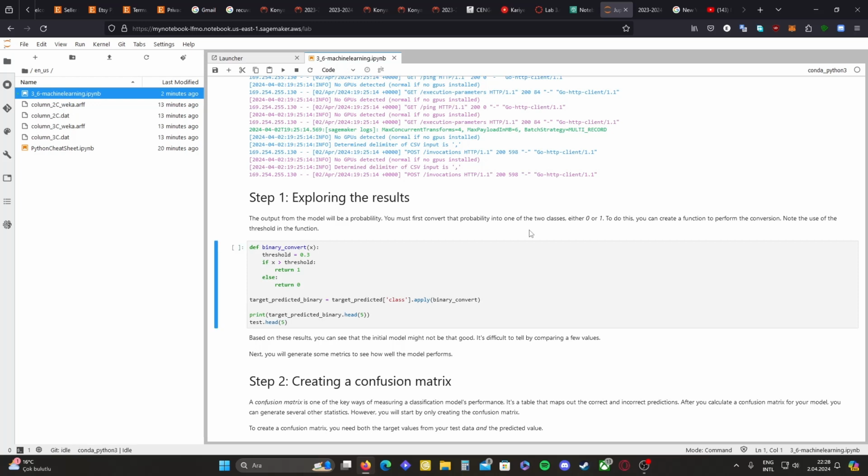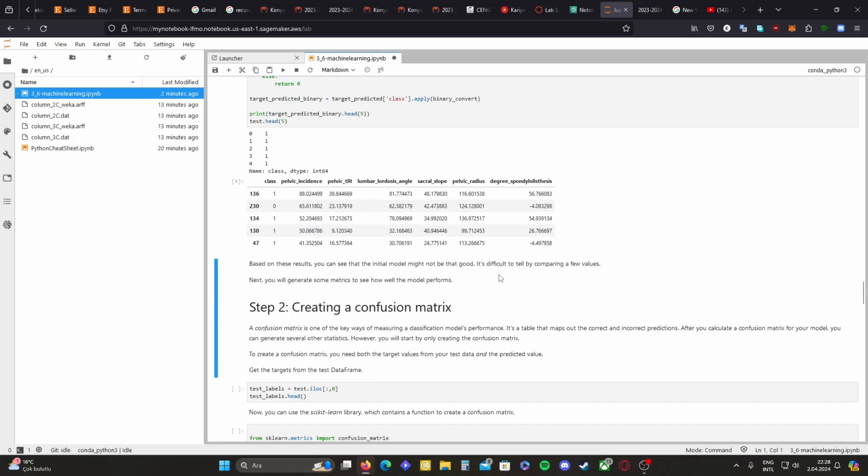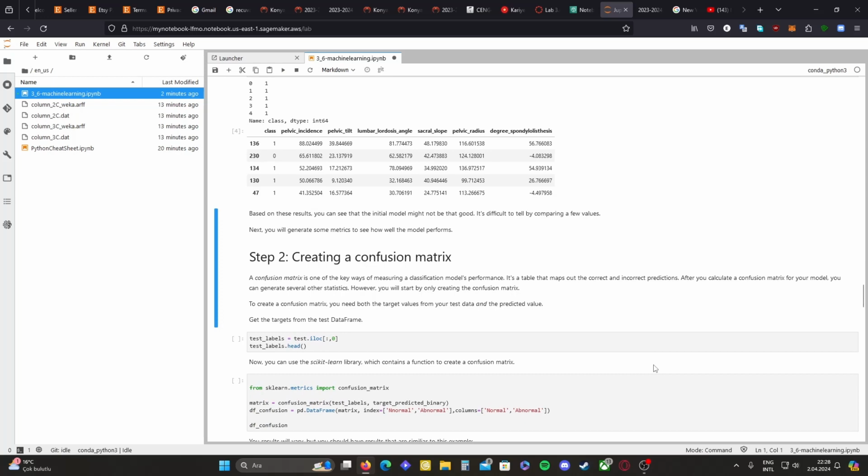So our threshold is 0.3 in here. Based on the result, we can see that the initial model might not be that good. It's difficult to tell by comparing a few values. Now we will generate some metrics to see how well the model performs.